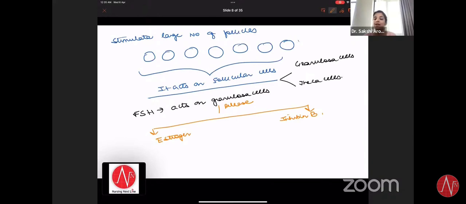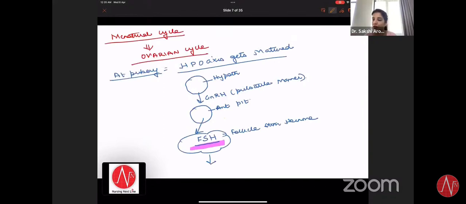And from granulosa cells, FSH is going to release two hormones, estrogen and inhibin B. So if I ask you a very simple question, and that question is many times asked, the ovarian cycle is initiated by. What will your answer be? Our answer is going to be FSH. So it is FSH which acts on the ovaries.